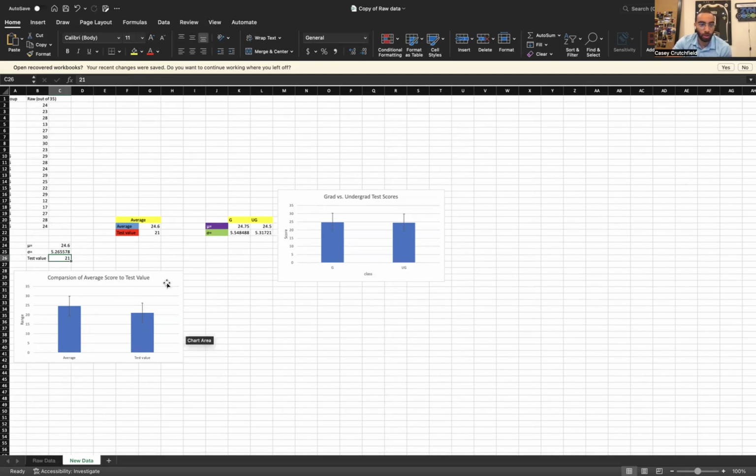And so I made a bar graph to do the comparison of average score to the test value. On the left is the average, and the right is the test value. And once again, this was found by these right here, the average and test value.